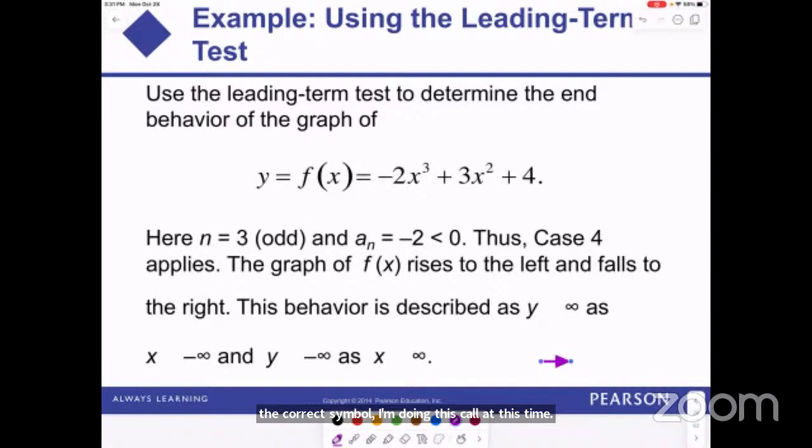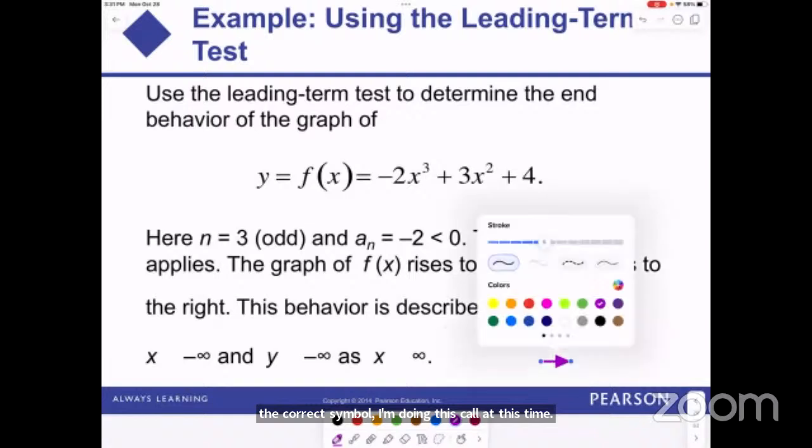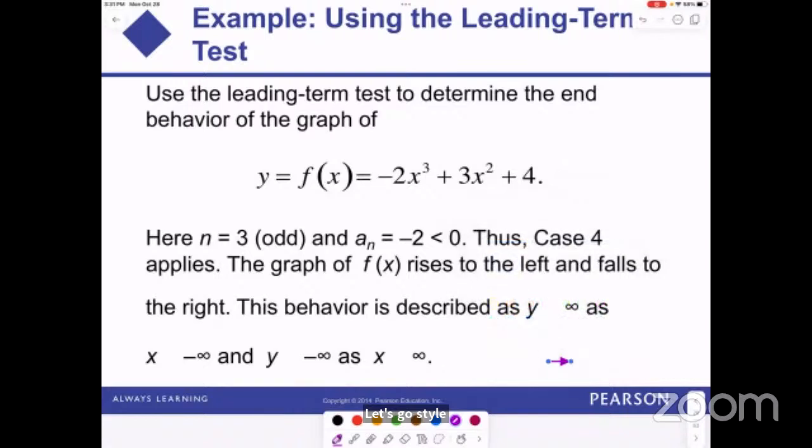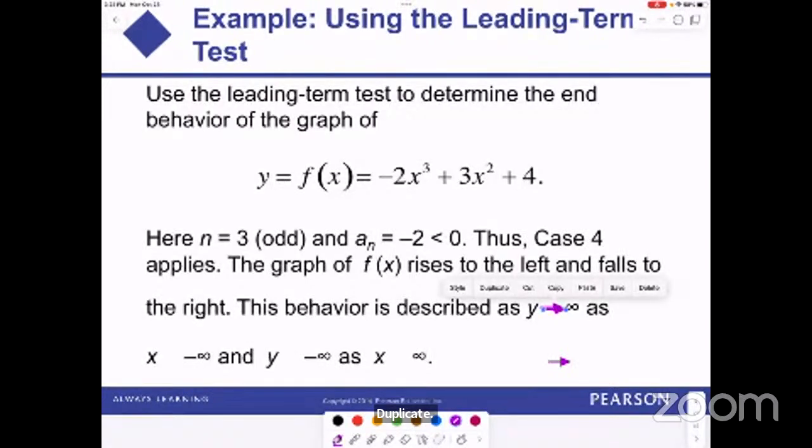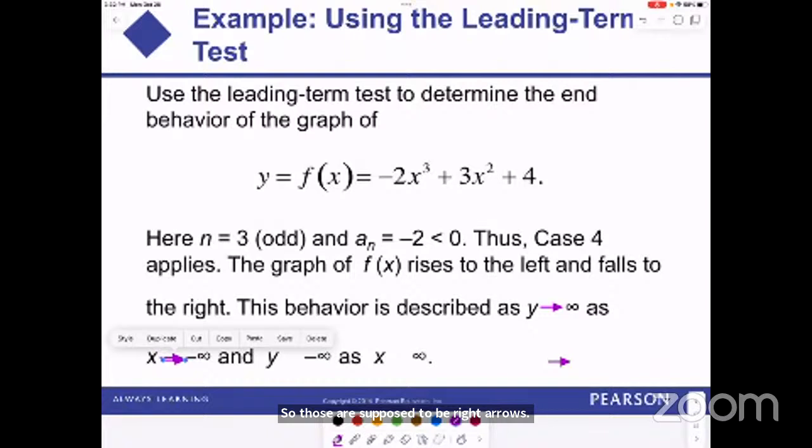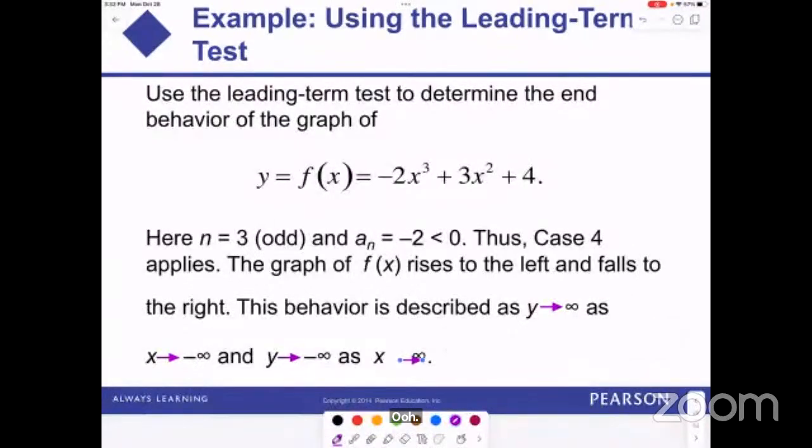Those are supposed to be right arrows. I think this is just a typed version of what we just experienced.